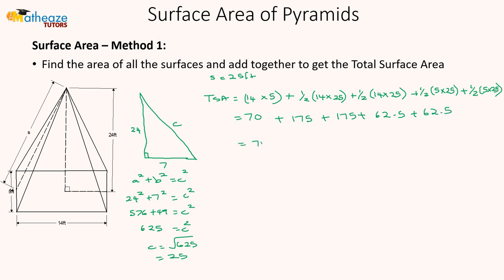So we have 70 plus 350 plus, you add this together, you have 125. So this is going to give us 545 square feet.